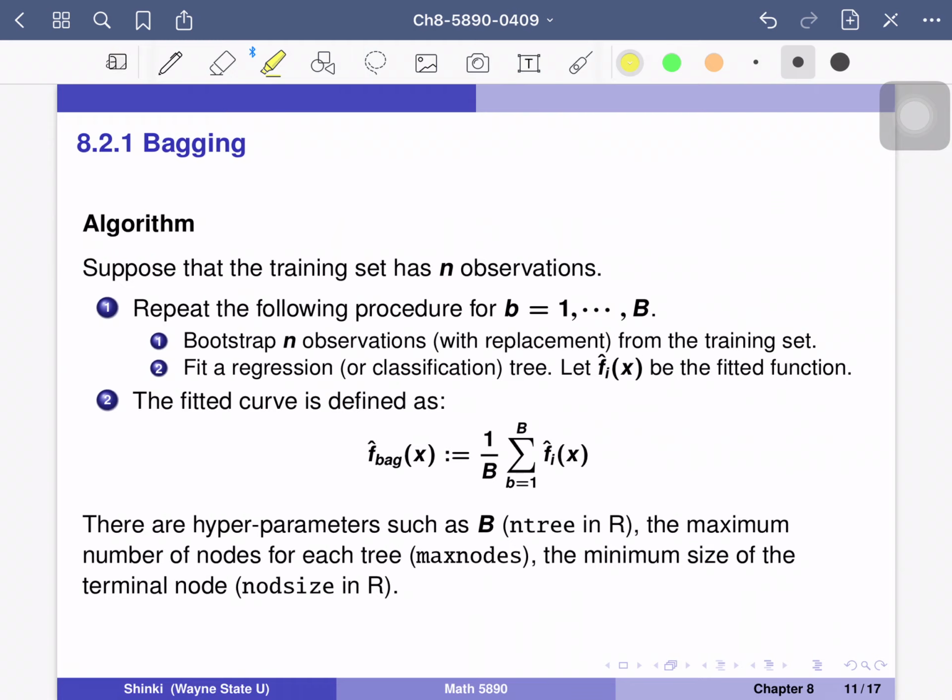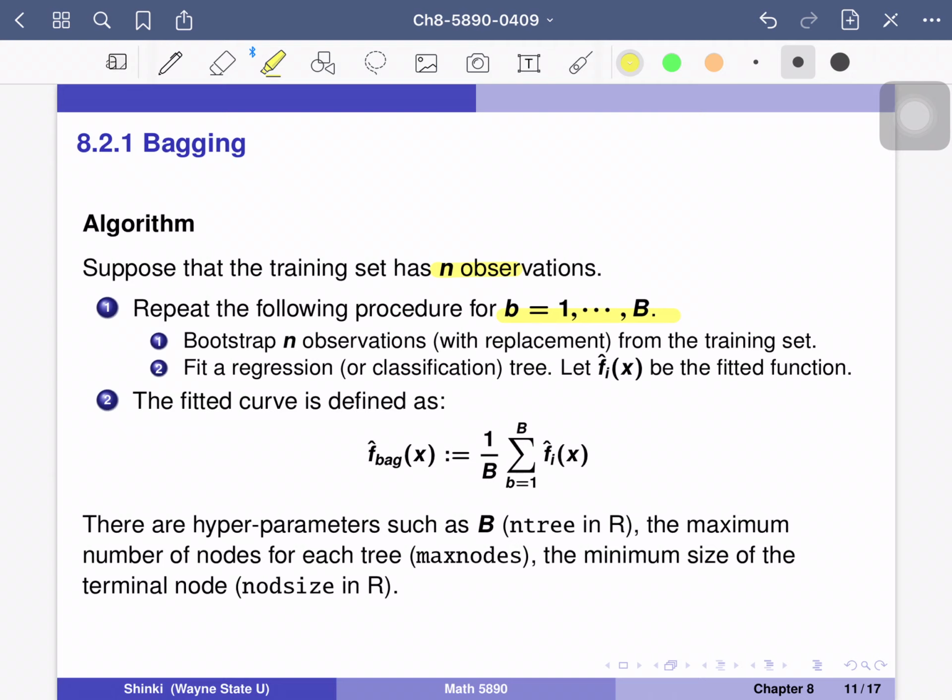To be exact, the algorithm is here. Suppose that we have n observations in the training set. Then we repeat the following procedure B times, capital B times. At first, bootstrap n observations with replacement from the training set. So we randomize it somewhat.